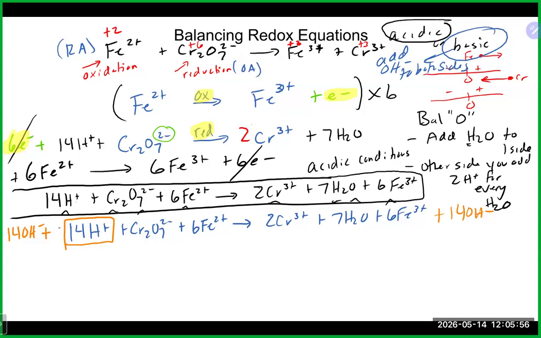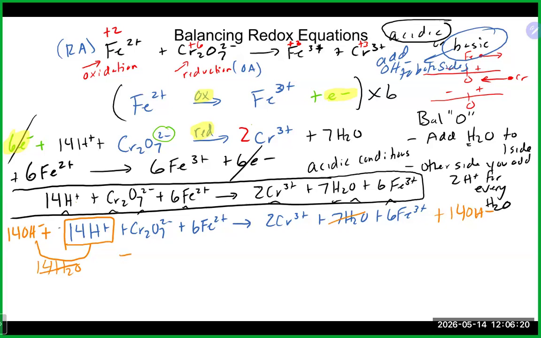Now on the side where we have H+ and OH-, those guys come together to make our friend water. They will make 14 waters. And typically what will happen at this point is you can reduce down the waters as well. So you got 7 waters on this side. That's going to reduce this down to 7 on the other side. You're basically just going to subtract it over to the other side.